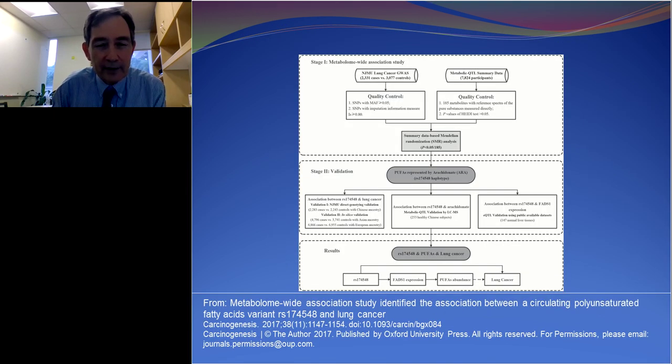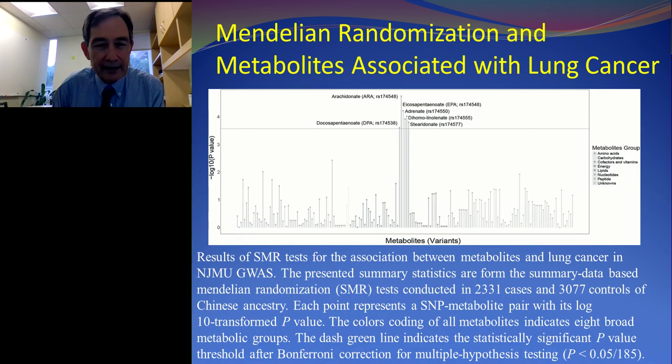So I'm going to close this pretty soon. There's a pretty complicated study that was recently published doing the same kind of analysis with metabolites. They did a metabolome study, looked at lots of SNPs, and connected that to lung cancer.